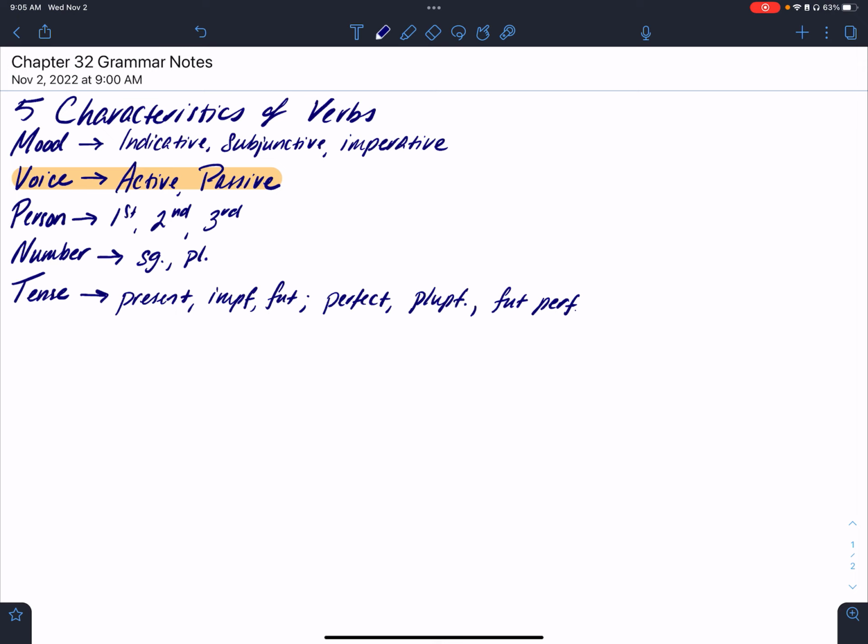Can you repeat the question? How do I form the passive voice in the present, imperfect, and future? If we don't remember, let's do it this way. Something was done? Something was being done, essentially.